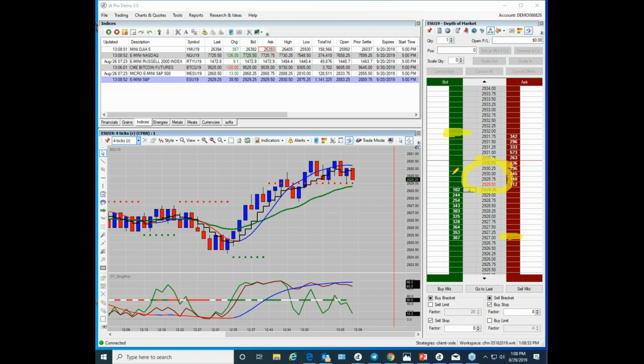So if that market takes off, he's going to be stopped into the trade. If it breaks down, he's going to be stopped into the trade on the way down. He's being proactive. You will see and hear this.